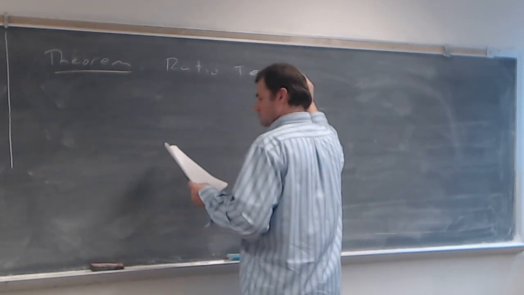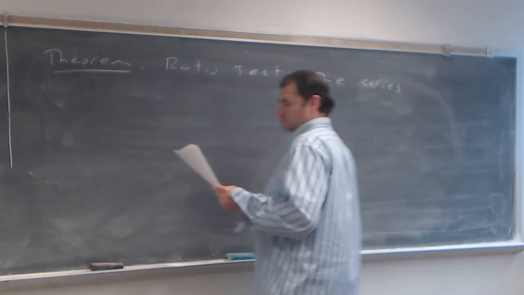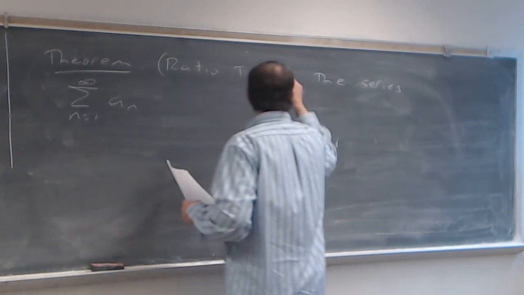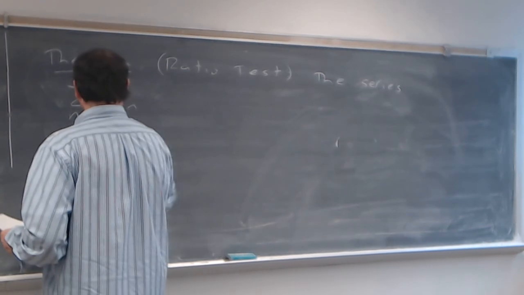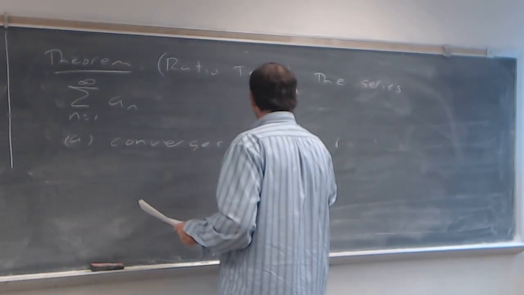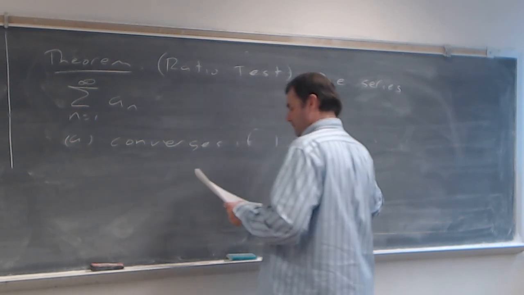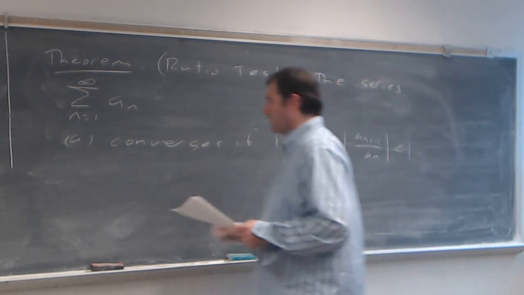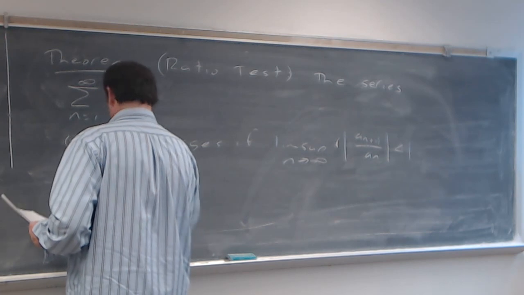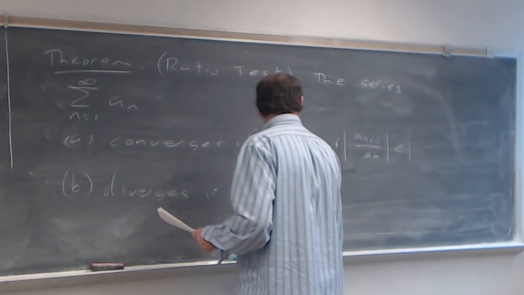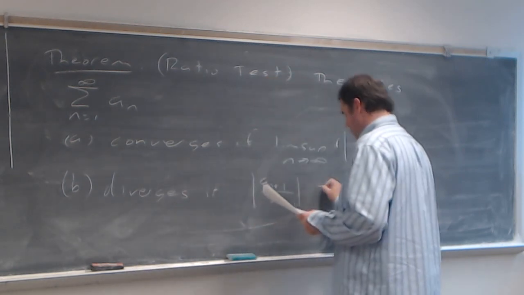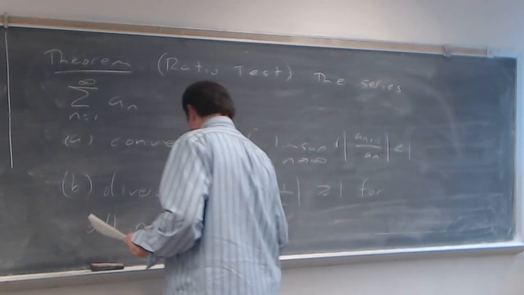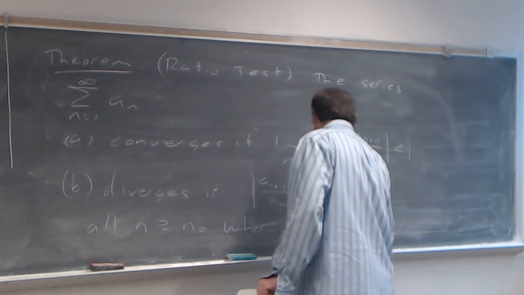It says the series, the summation as n runs from 1 to infinity of a sub n, in part A converges if the lim sup as n runs to infinity of the absolute value of a sub n plus 1 over a sub n is less than 1, and it diverges if this ratio, a sub n plus 1 over a sub n in absolute values, is greater than or equal to 1 for all n greater than or equal to n sub naught, where n sub naught is some fixed number.